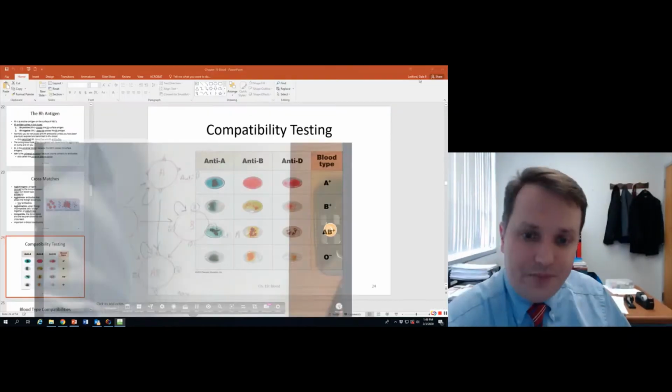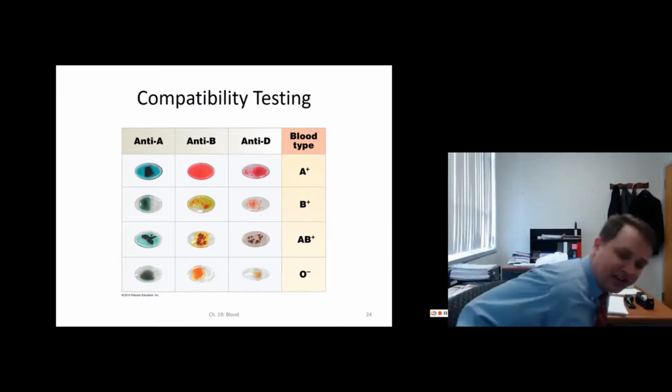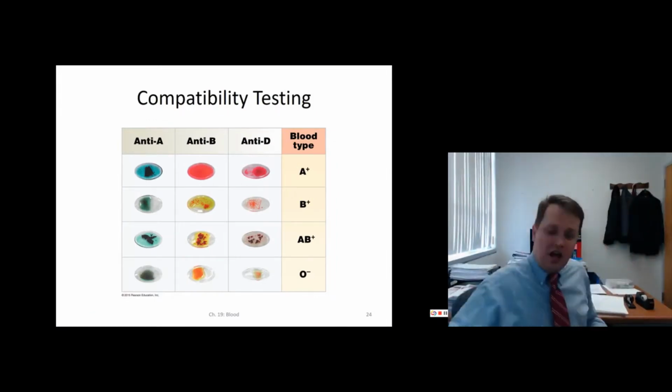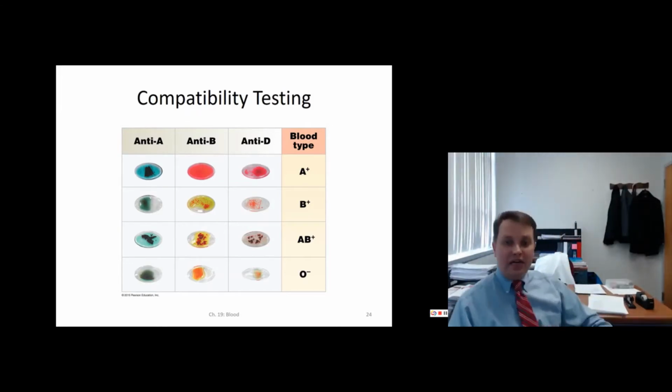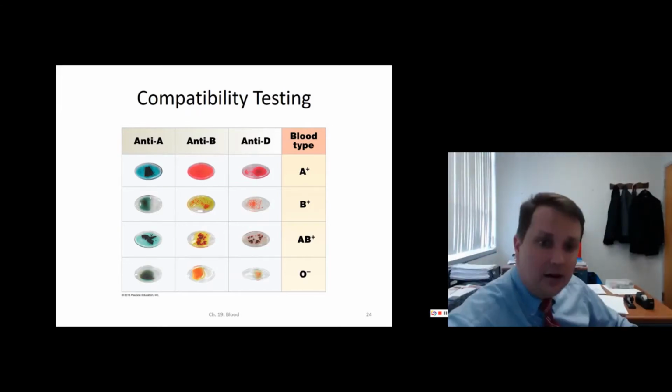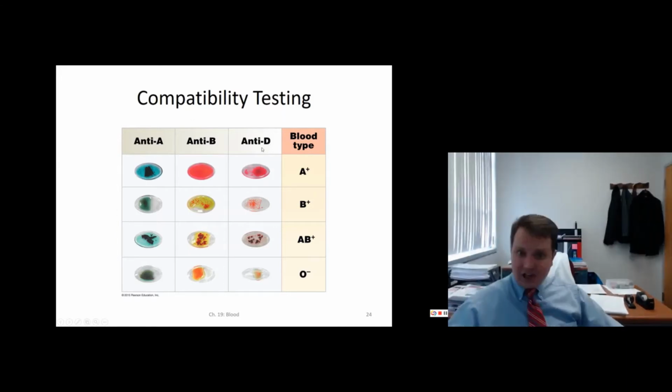Now, here you can actually see a serological test done in a lab. Here we have anti-A antibodies placed in a well, anti-B antibodies placed in a well, and anti-D, or Rh, because D is the most common Rh antigen type.